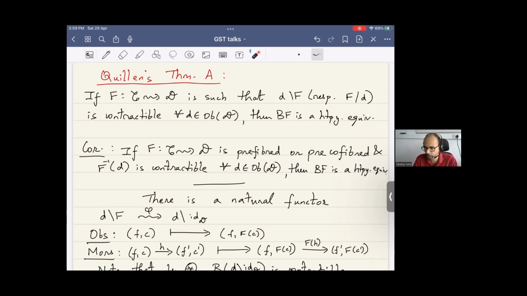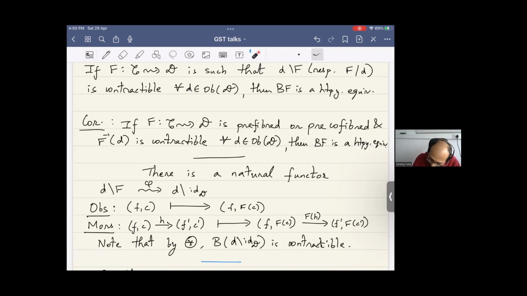Of course, if you already know theorem B, this is kind of obvious. But this is used in proving theorem B, so we can't use theorem B to get this as a corollary. So the main point: when is BF a homotopy equivalence? Namely, if each of these comma categories is contractible.